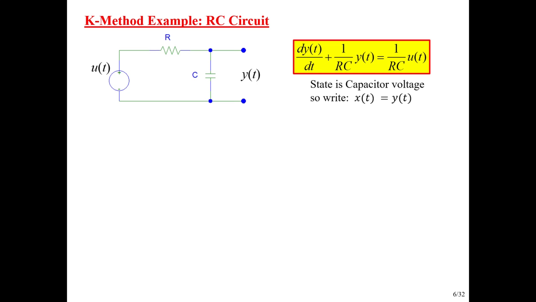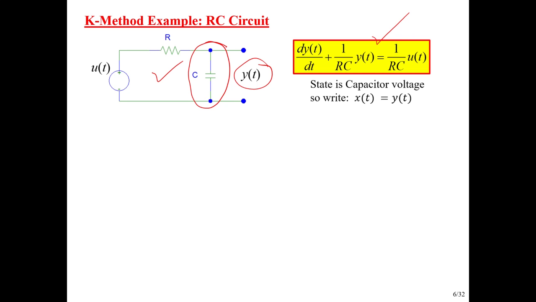Okay, so if we have this RC circuit, we have studied this in a signals and systems class or a circuits class, and you should know that this is the first order differential equation that describes that. And fortunately, the way this is set up, the output y of t is the voltage across the capacitor.